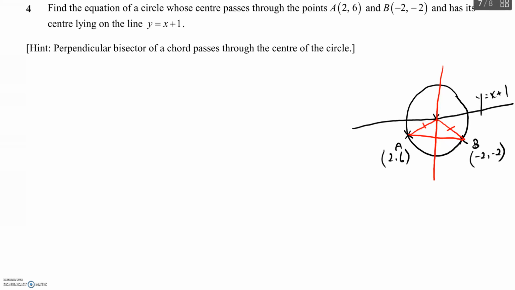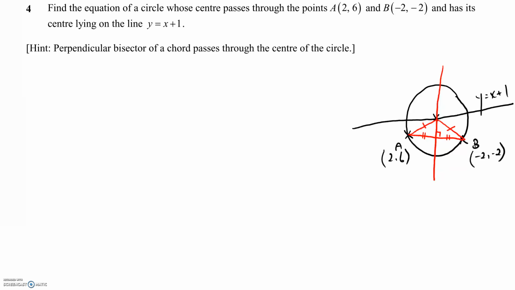And this is also known as the perpendicular bisector. This means to say, the line that I've just drawn, which is the perpendicular bisector, actually cuts through the center of the circle as well.